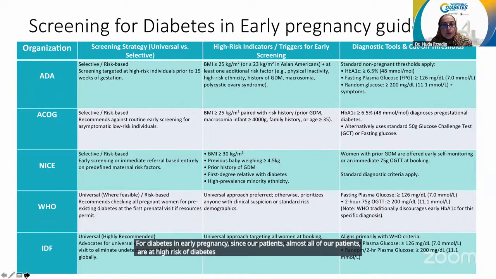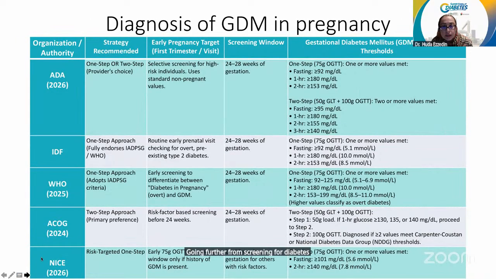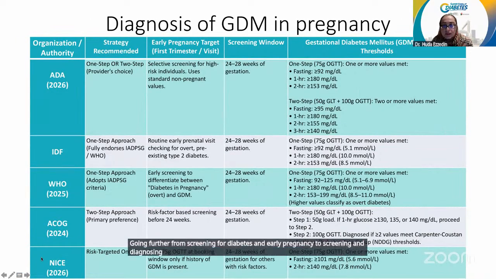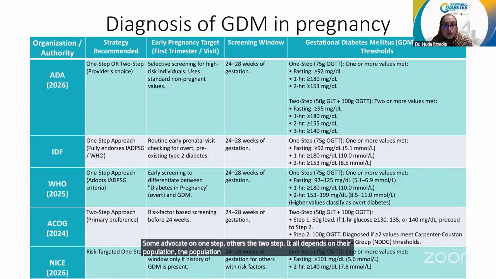Going further from screening for diabetes in early pregnancy to screening and diagnosing gestational diabetes later in pregnancy. Again, the organizational authorities differ in their guidelines. Some advocate a 1-step, others the 2-step. It all depends on the population studied. So if I would pick one, maybe the WHO, it's a 1-step approach.